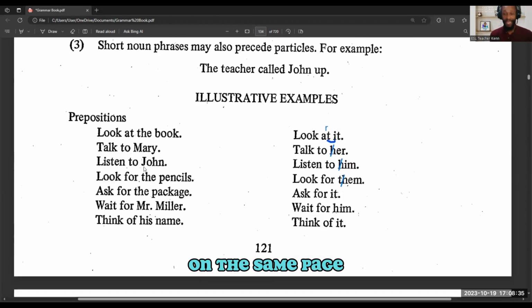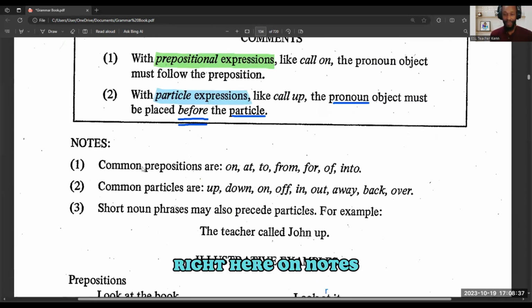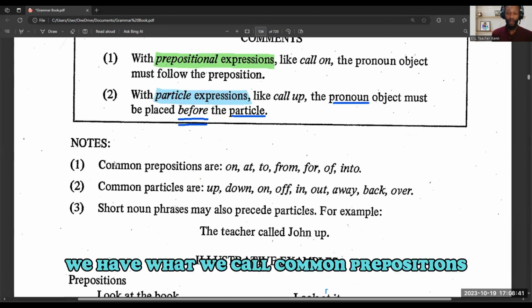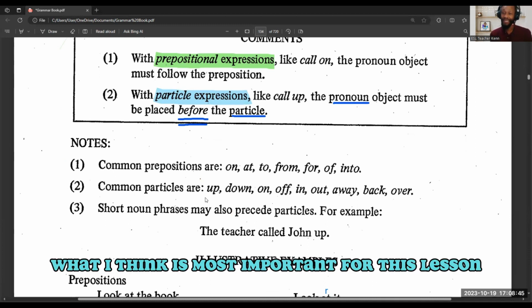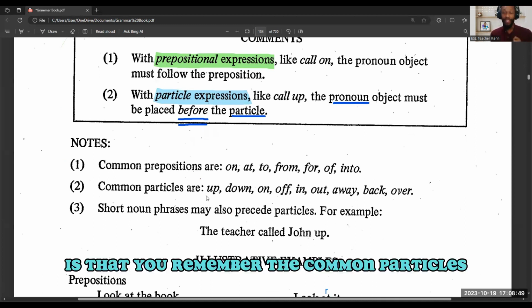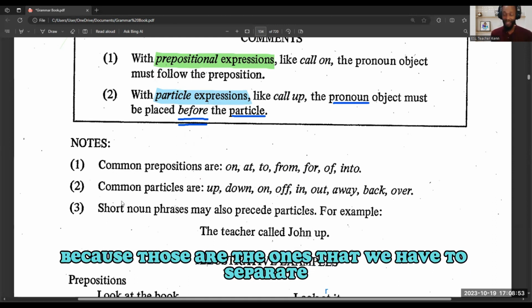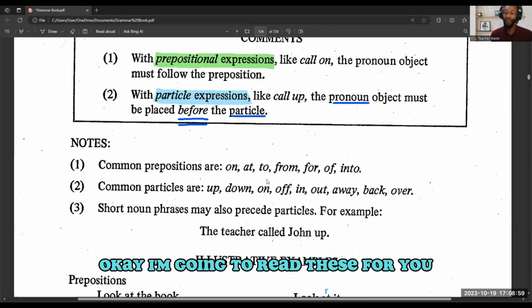On the same page, right here in the notes, we have what we call common prepositions and common particles. What I think is most important for this lesson is that you remember the common particles, because those are the ones that we have to separate. I'm going to read these for you.